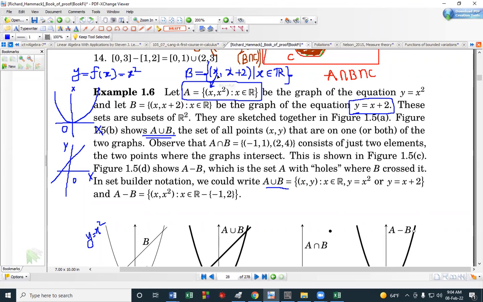They are simply sets of ordered pairs. We said in this class last time, every ordered pair represents a point in the xy plane, right? So the first component is a real number, the second component is again a real number. So our universal set in this particular context is R cross R.